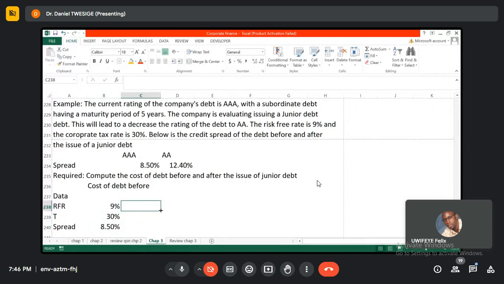So from there, I can look at my formula. What is going to be the cost of the debt?